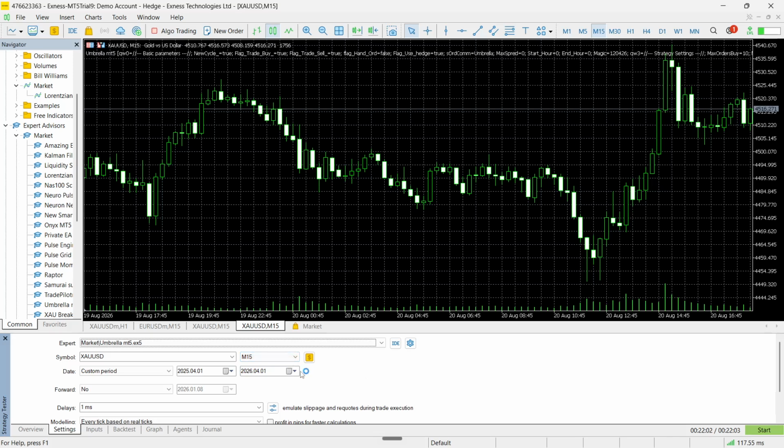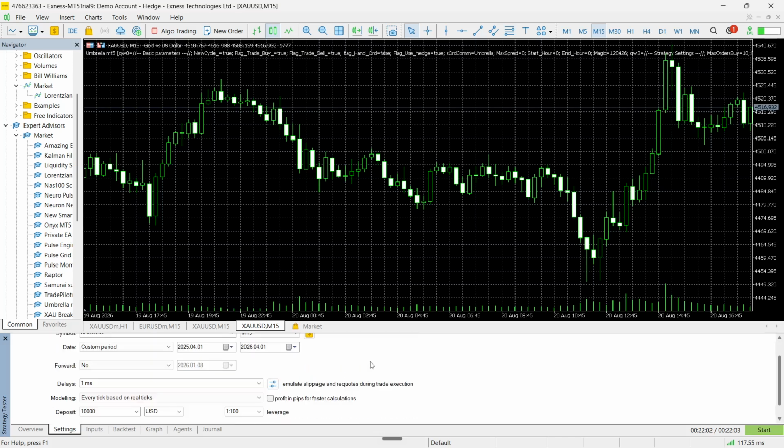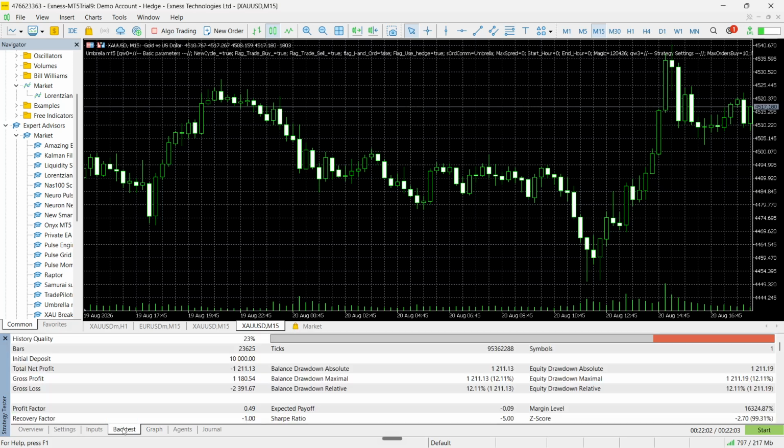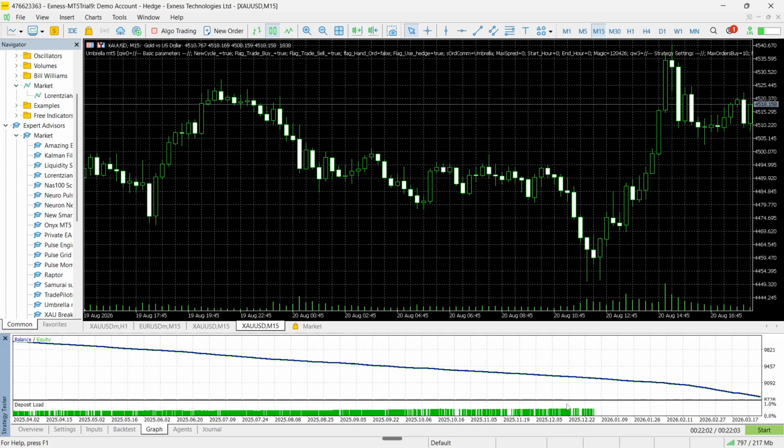And looking at my backtests on an initial deposit of $10,000, the equity curve actually shows a downward movement. As you can see, the performance is quite opposite to what we have on the developer site.